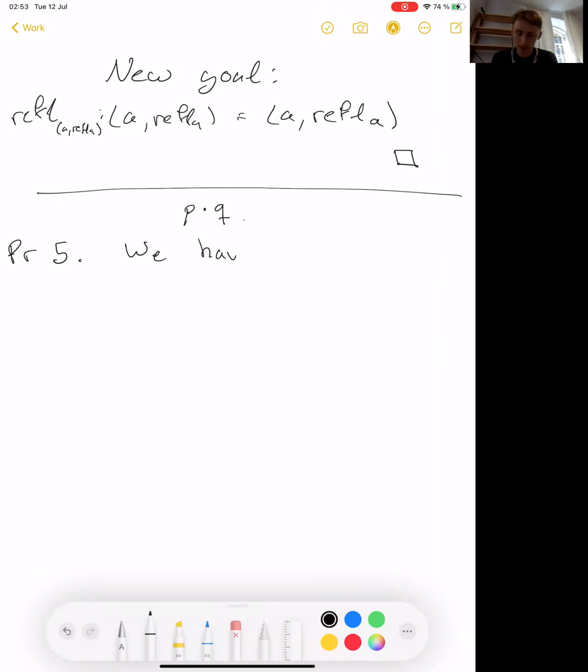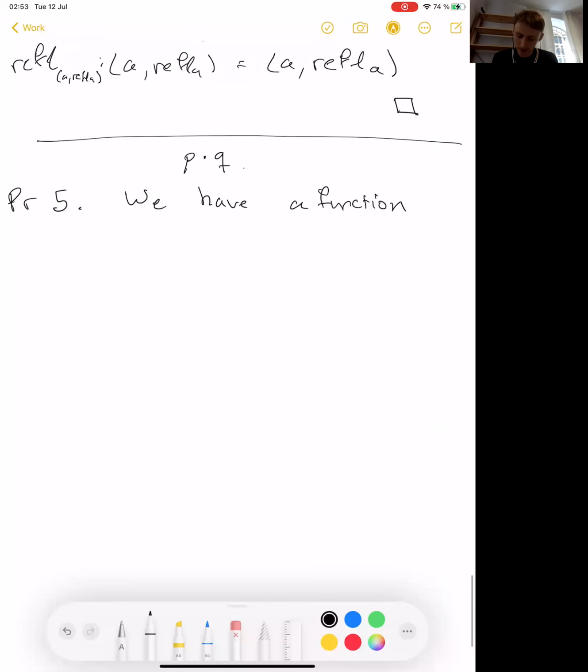So we have a function Concat 1 from pi x y z, which takes a proof xy and a proof yz and produces a proof x equals z.